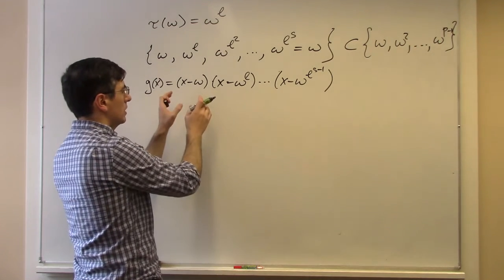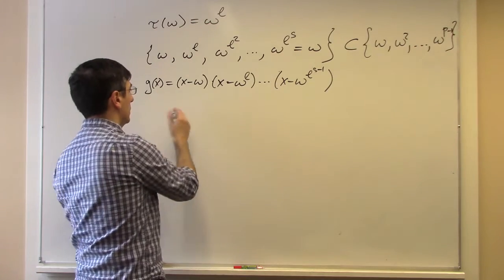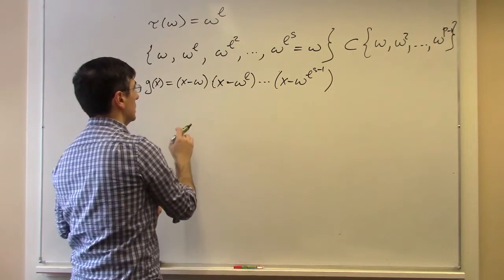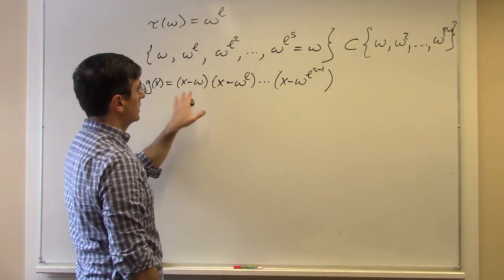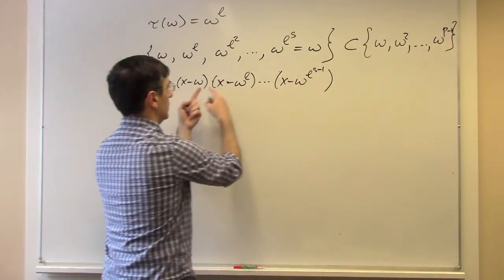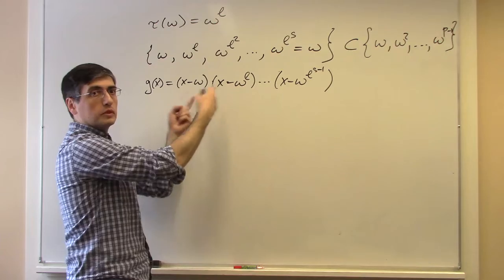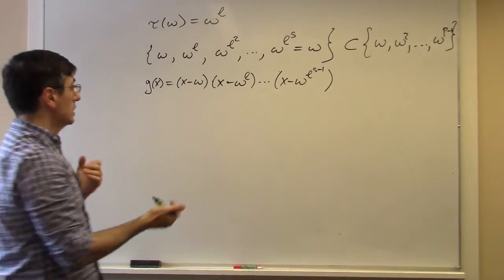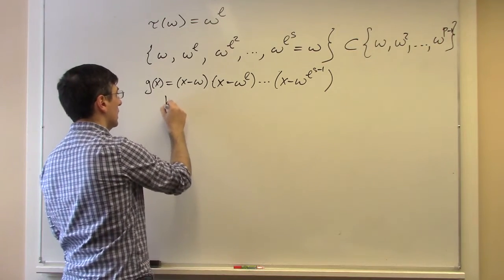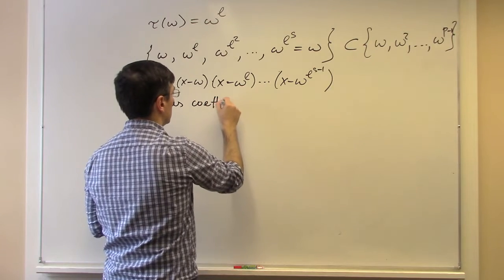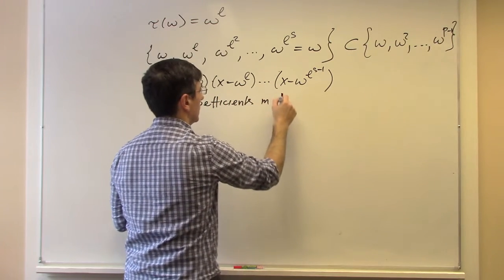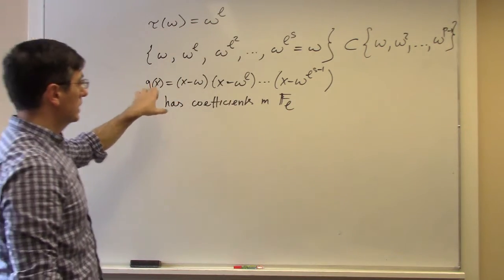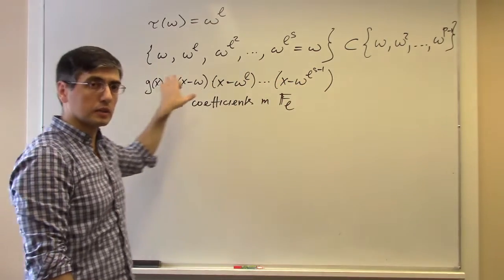The coefficients are obtained as symmetric functions in these roots. And if you apply tau, you're just permuting these omegas. They get moved around, but the polynomial does not change, which means its coefficients do not change. So this means that this polynomial has coefficients in F_L. Okay, so this way I can see one of the irreducible factors of f(x).